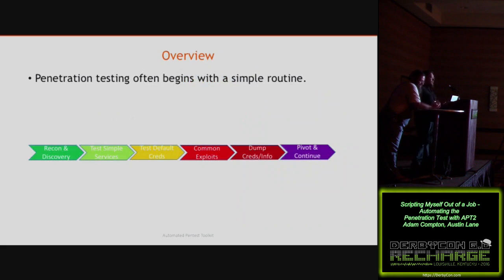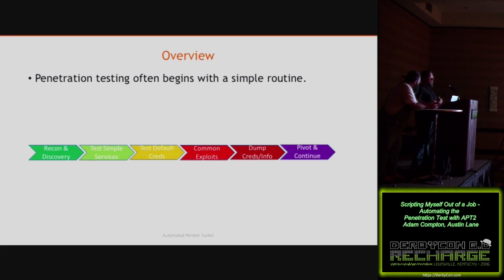So, like we said, today we're talking about automation of pen testing and our tool, the Automated Pen Testing Toolkit. In our experience as pen testers, most tests go through a routine. There's recon and discovery, finding out what's on the network, and testing simple services: things you do for FTP, SMB, NetBIOS.